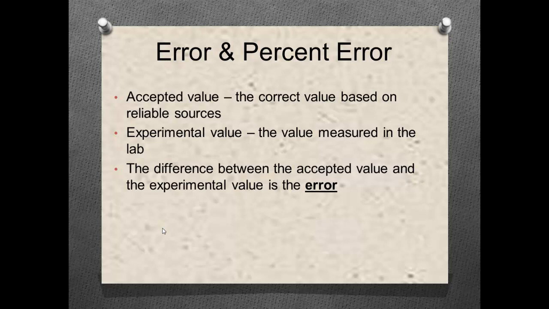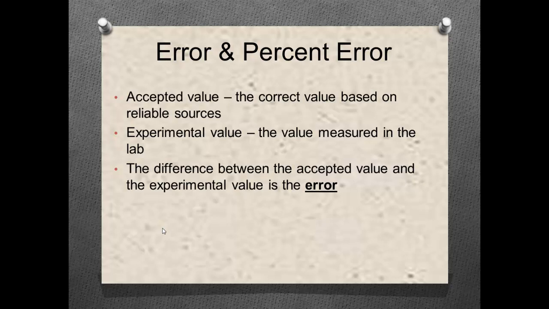Now, when we do error, we do want to make a calculation about it, and so there's some terms that go with it. First is accepted value. That's the correct value based on reliable sources. So that's the so-called right answer. The way they get that is many scientists over many years have done a lot of experiments, and they've decided that to the best of their knowledge, this is the right value.